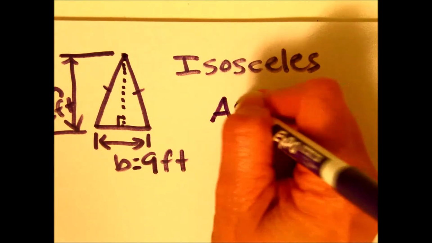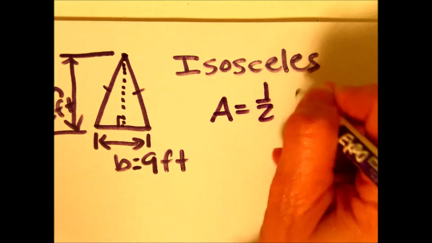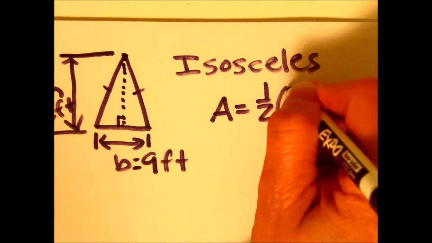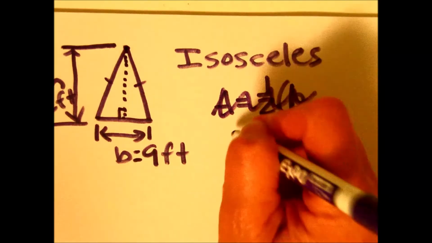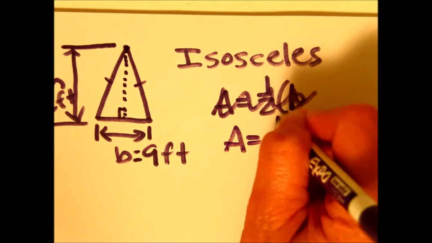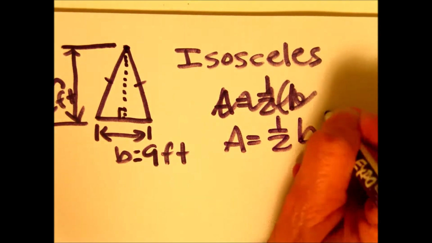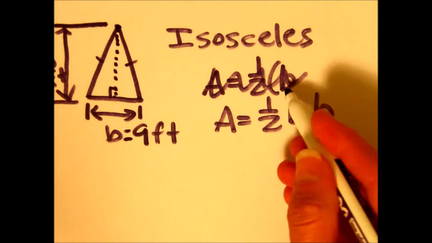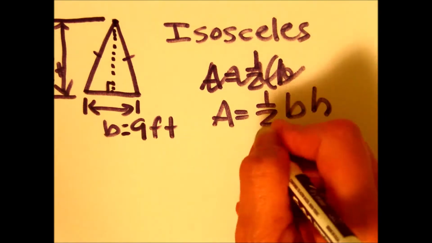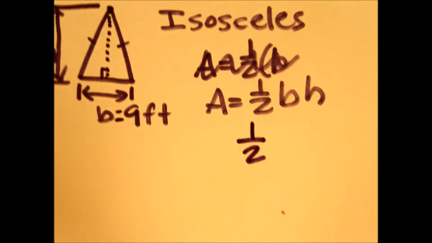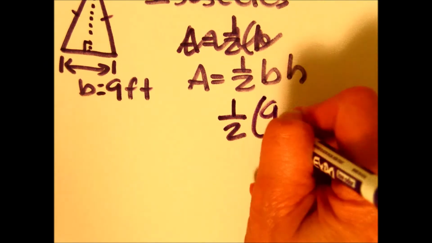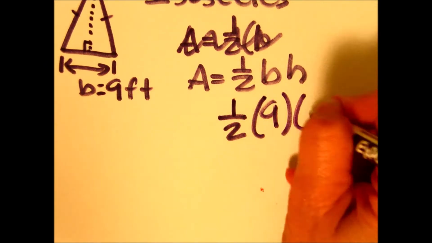Area of a triangle equals 1/2 base times height. When we plug in the numbers, then I'll use the parentheses. So again, now we're going to substitute in our numbers and then evaluate. So the base is 9 and the height is 12.